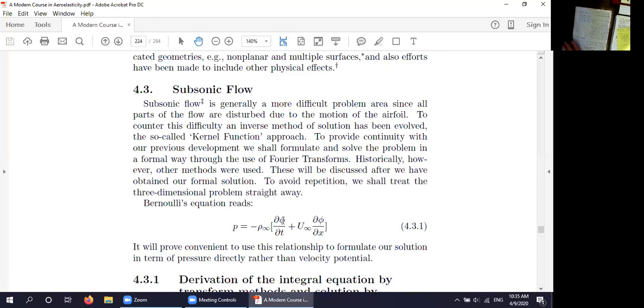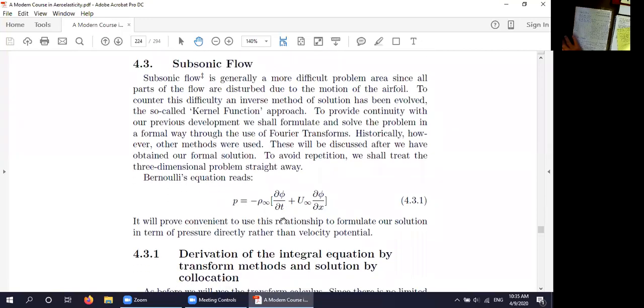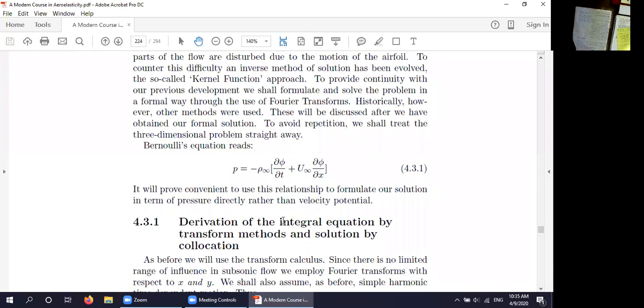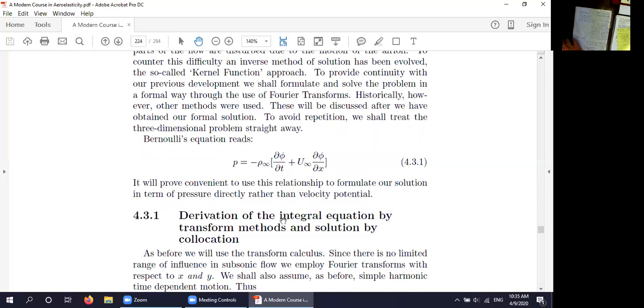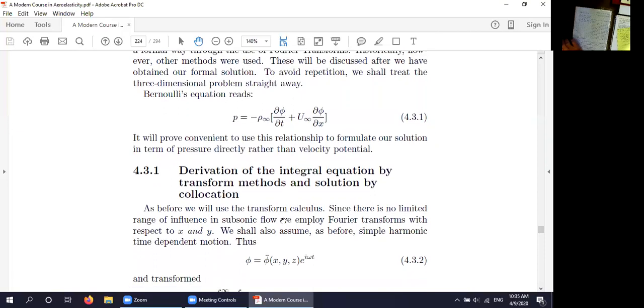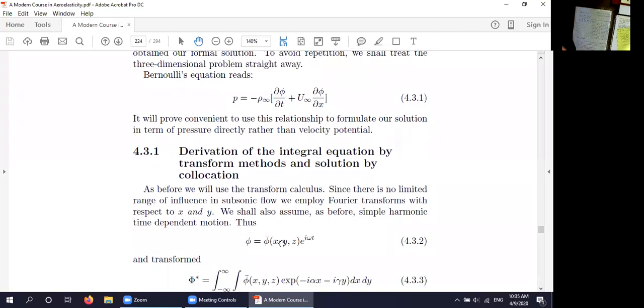All right. So now let's derive an integral equation by transform methods and a solution by collocation. And again, this is not the way it was done originally, but the way it was done originally is described in the book if you're interested. We're going to start out much like we did before for the supersonic case. We're going to assume some harmonic motion. In principle, you can extend this to non-simple harmonic motion, but that involves considerably more effort.